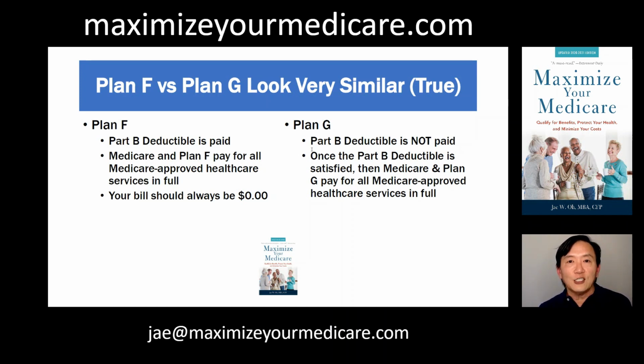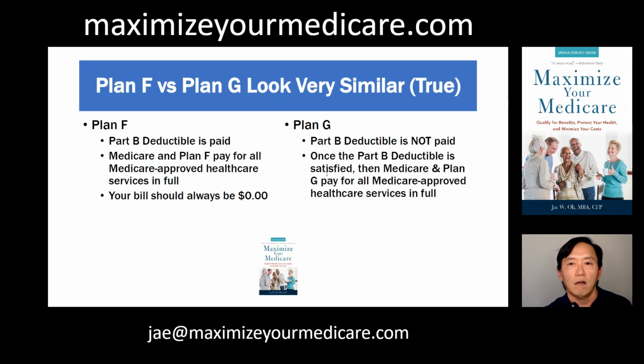Now, Plan G is also in that way, except that the Part B deductible is not paid. You're responsible for the first $198. And once the Part B deductible is satisfied, then, just like in Plan F, Medicare plus the Medigap policy take over. Literally all Medicare approved healthcare services are paid in full.